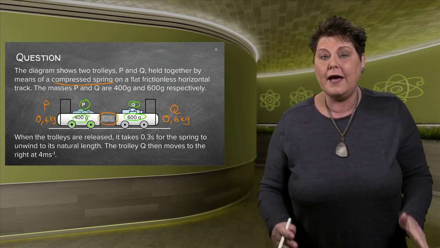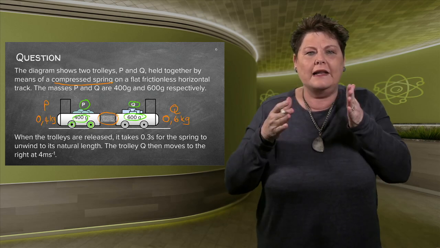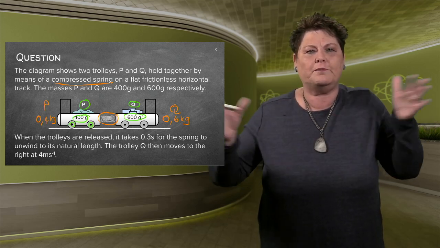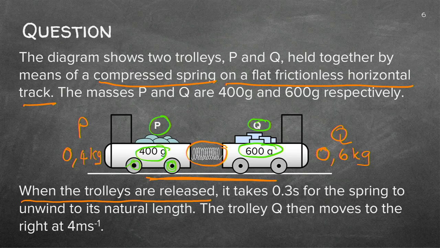So what I have here, I push these two trolleys together and you know, as soon as I leave my hands, they're going to move apart. So on a flat frictionless horizontal track, so there's no friction there, and they said when the trolleys are released, it takes 0.3 seconds. What are they giving me? Delta t equals 0.3 seconds.